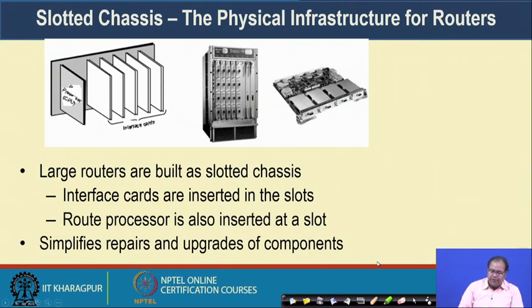Okay. Now, if you look into the physical infrastructure of a router, we normally use something called a slotted chassis. This is the structure of a slotted chassis, which is used to build large routers.